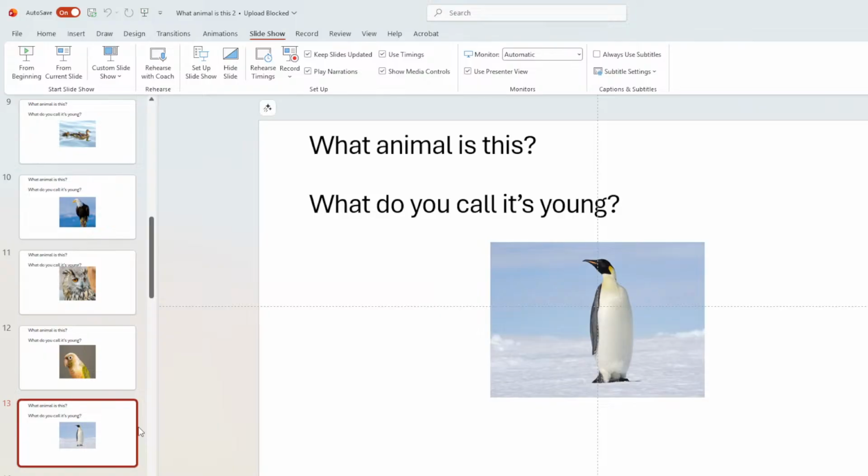So this whole quiz session is to talk about animals and check how much you know in the animal kingdom, but it's more for learning what the young ones of these animals are called, because that's what many people do not know apparently, right?